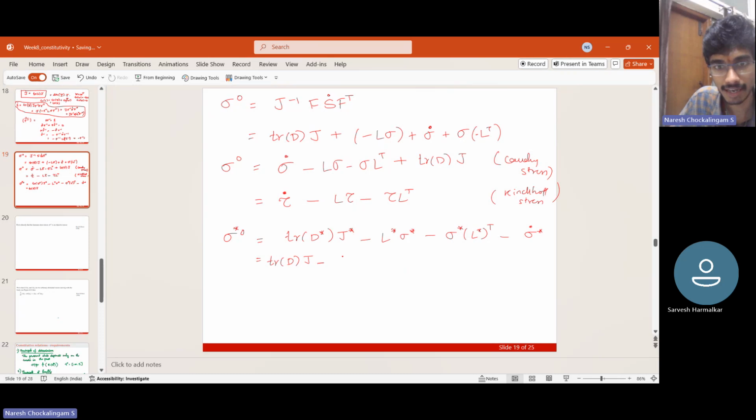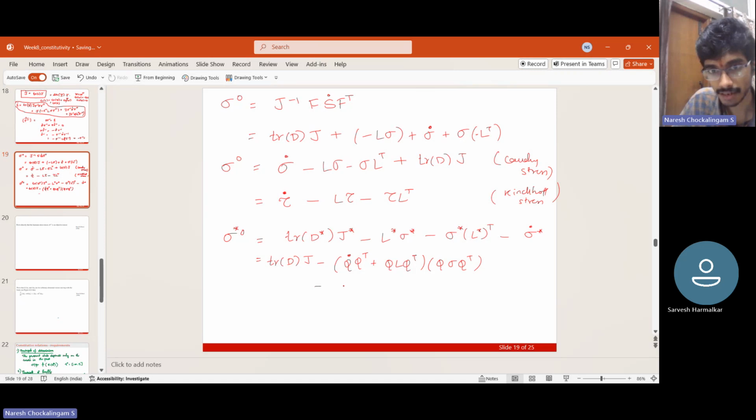L star is Q dot Q transpose plus Q L Q transpose. Sigma star is Q sigma Q transpose.